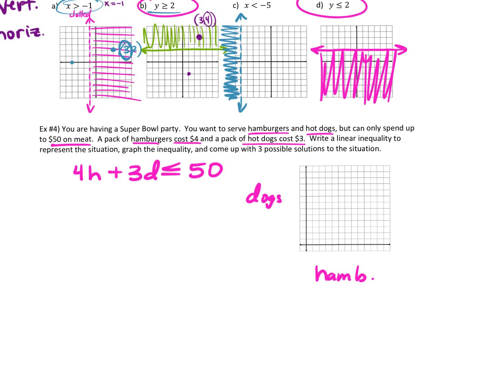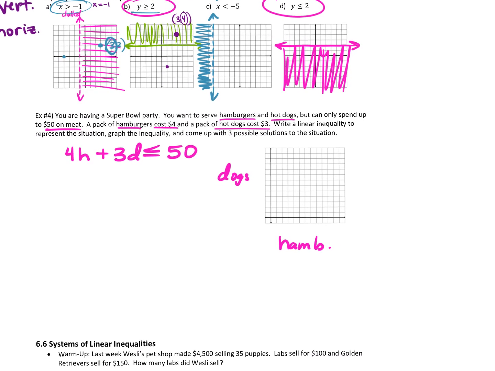Now, you can either graph it in the cover-up setup, or you can graph it in the slope-intercept form setup. I'm gonna do slope-intercept, I think. If you call this x and y, just to help you see it, I would take away the 4x.